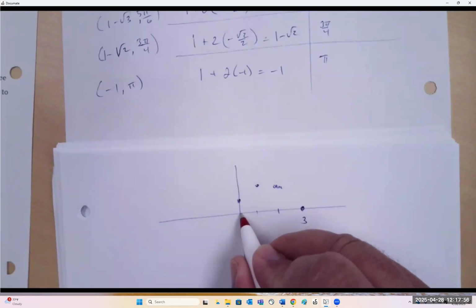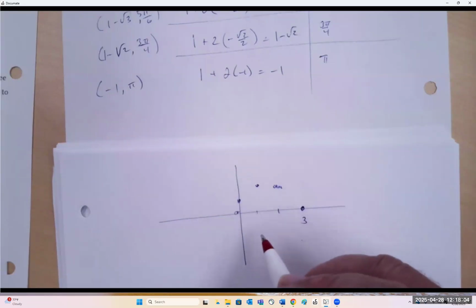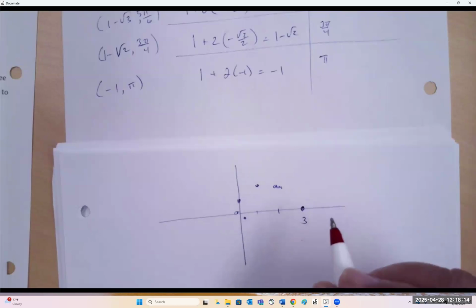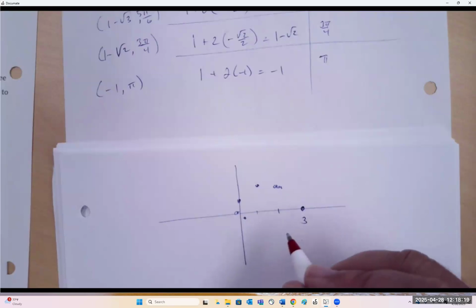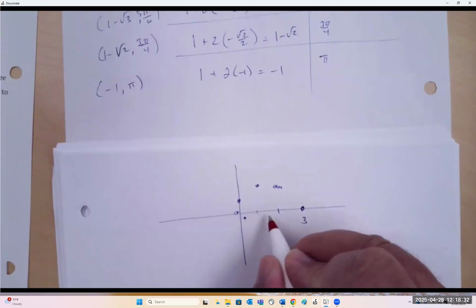Two pi over 3. Five pi over 6 is negative. Negative 1 at pi is at pi, so it's negative here.